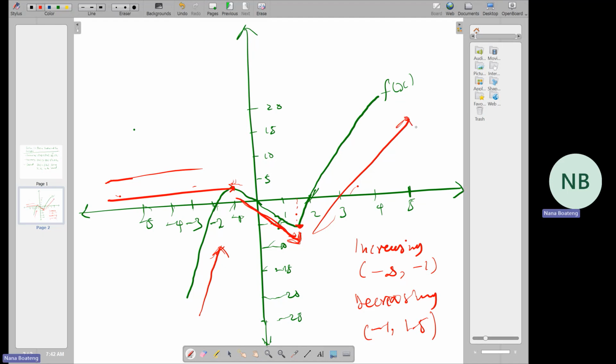So it's also increasing on positive 1.5 up to infinity. So it's increasing on 2 intervals and it's decreasing on 1 interval. So this is how we look at increasing and decreasing functions.